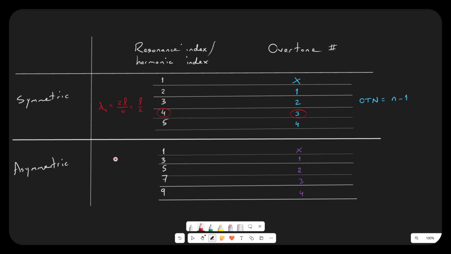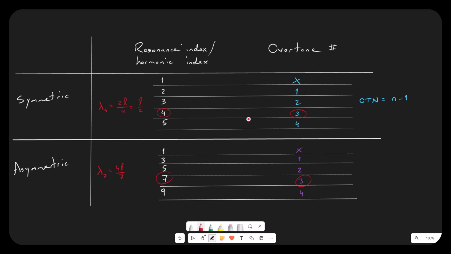If I want my third overtone after I put a cap on this thing, third overtone now is my n equals 7 case. I'm at lambda 7, and that's going to be 4L over 7. I had an L over 2, I'm now at a 4L over 7. I'm looking at a completely different situation, right?